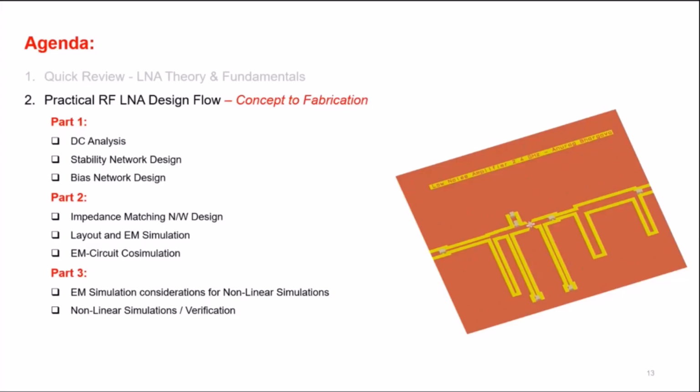All MMIC and RFIC are inductor capacitor based designs. So you do things with inductors and capacitors. You don't use transmission lines for matching in ICs unless you are doing 30 gigahertz and higher kind of design.